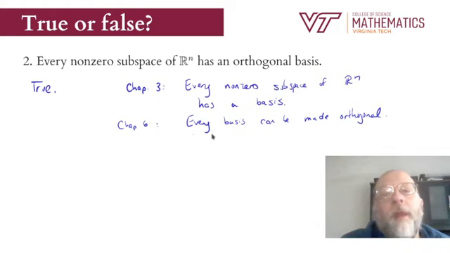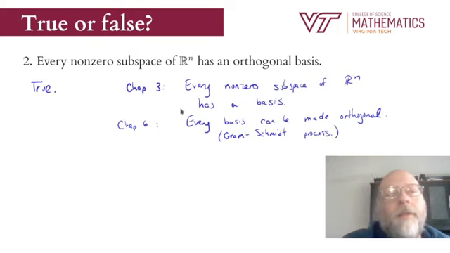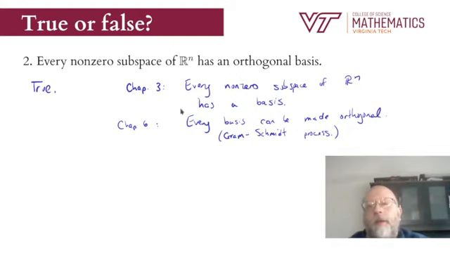This was called the Gram-Schmidt process. And so combining these two pieces of information, if every non-zero subspace has a basis and every basis can be made orthogonal, then every non-zero subspace does have an orthogonal basis. We can do this every single time.